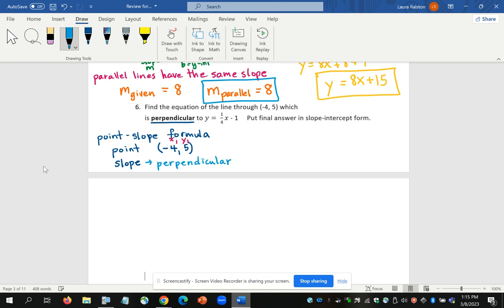For perpendicular lines, the slopes of perpendicular lines are negative reciprocals of each other.